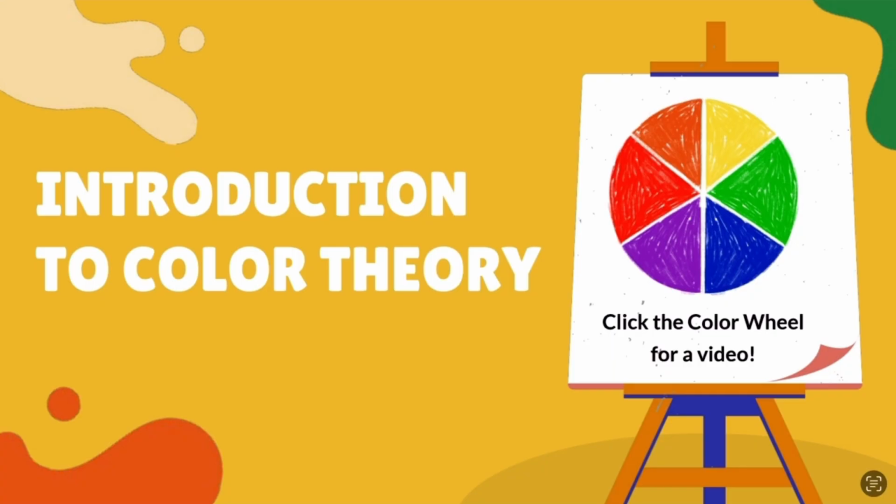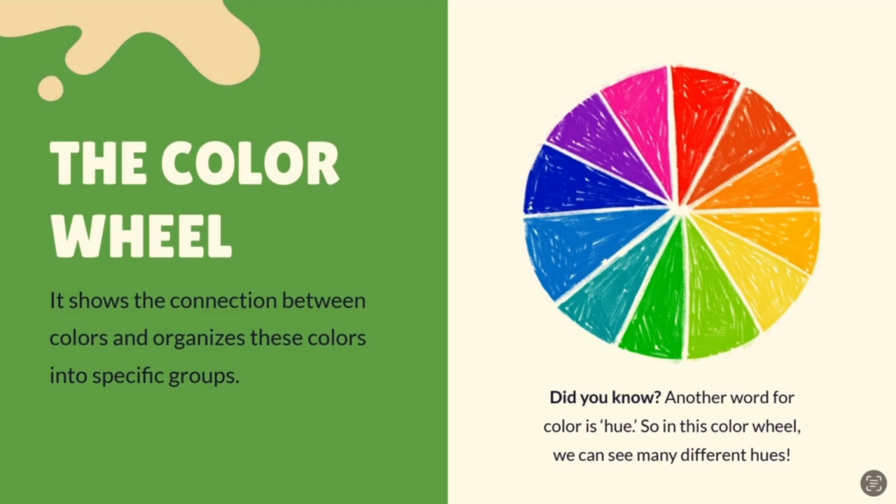So Lois, start us off. Alright, first we're going to go to our color wheel. The color wheel shows the connection between colors and organizes these colors into specific groups. And did you know another word for color is hue?